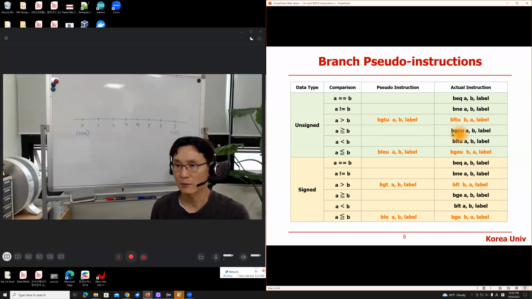Same name, greater than or equal. And if you have a U suffix, you are comparing A and B as unsigned numbers. And if you want to check the greater than condition for unsigned numbers, then you can use BGT, greater than, and U. So these two are unsigned numbers.